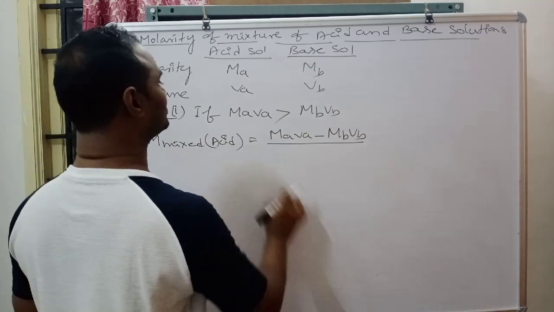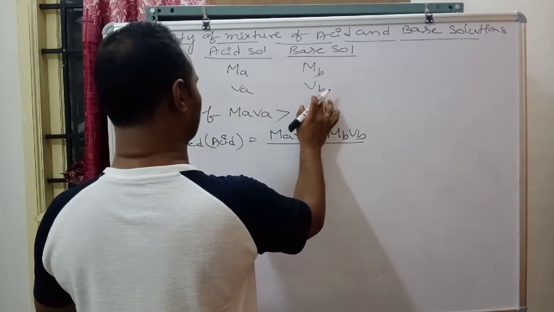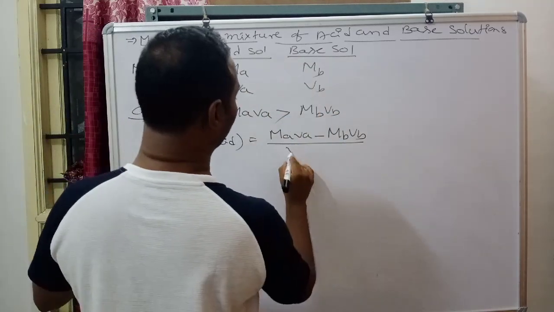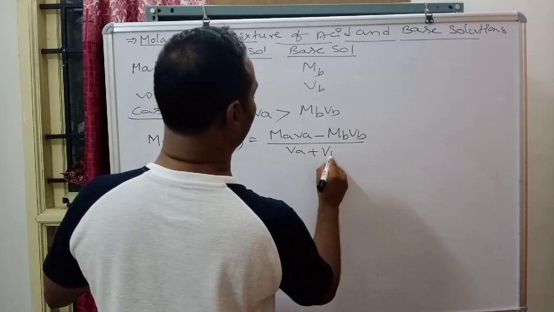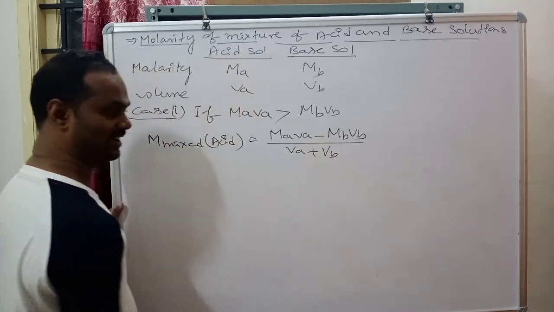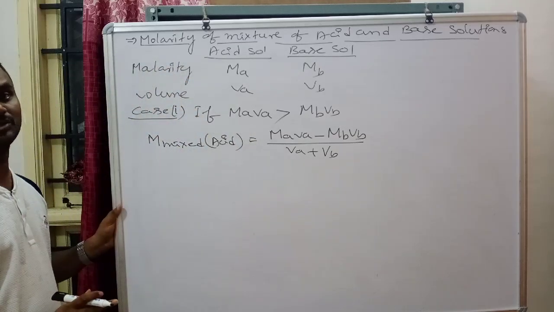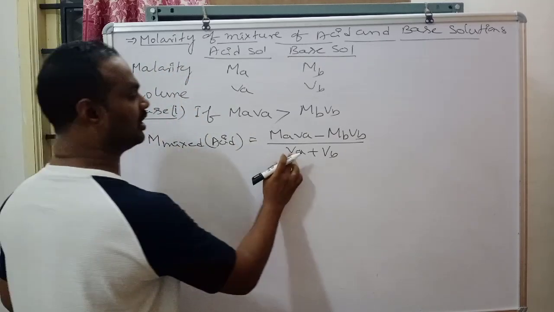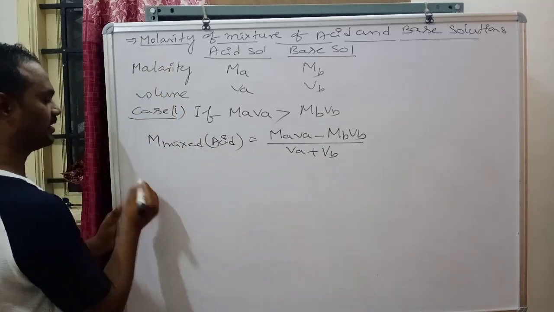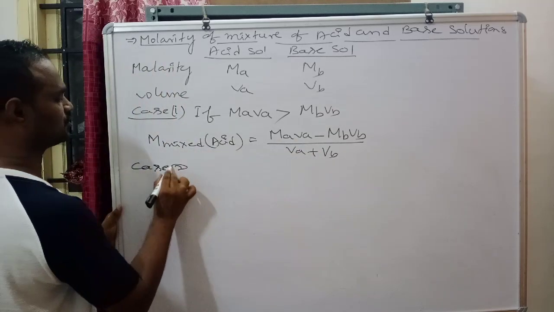Final solution is Va solution plus Vb solution. After mixing, total volume is Va plus Vb. Final volume is always the sum of the volumes of individual solutions. So final volume Va plus Vb. That was case 1.